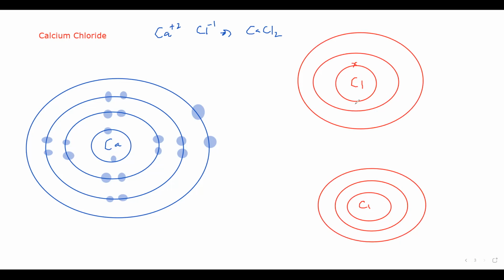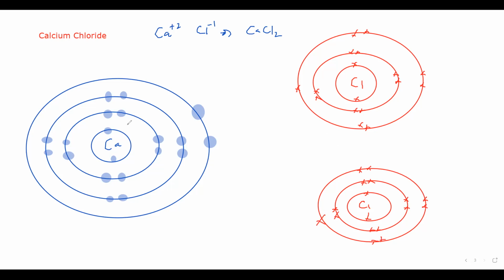So the cross is used to represent the chloride electrons. First shell 2, second shell 8, and third shell it will have 7.